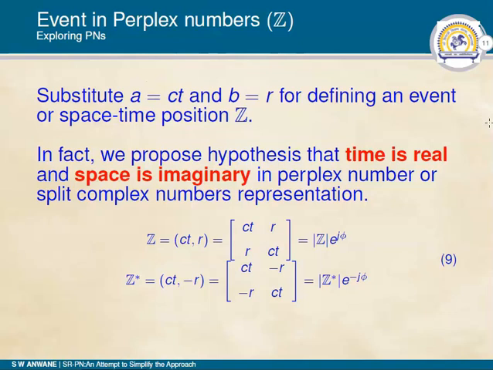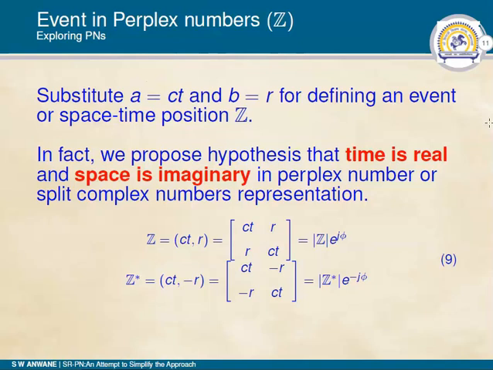We prefer a system in which c is equal to 1, that is, the velocity of light is unity, to make this discussion simple, and b is equal to r, that is, the second imaginary part as the space coordinate in general r, to make an event representation which is in fact the space-time position capital Z in the perplex plane.